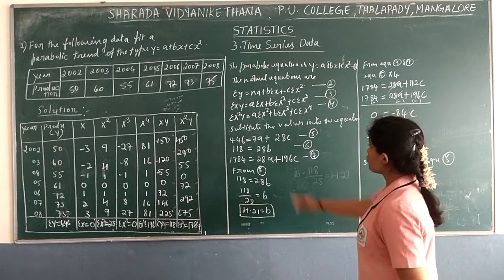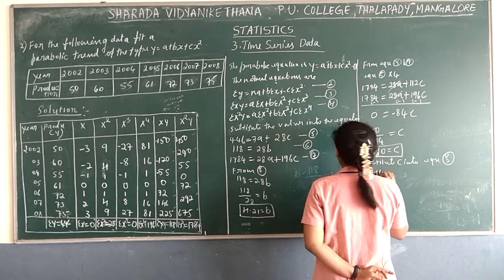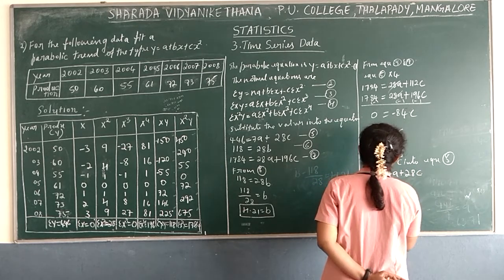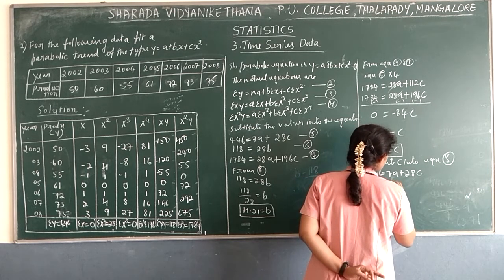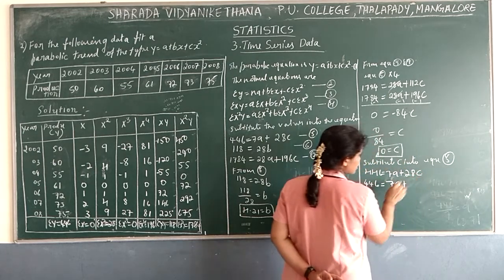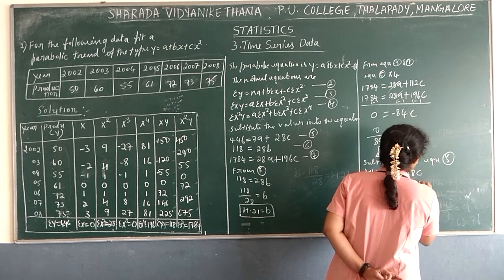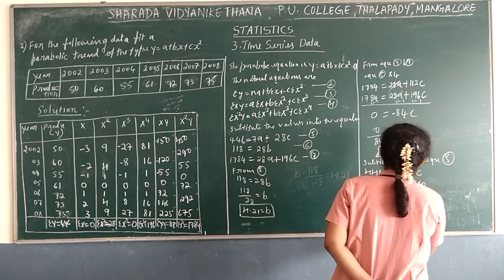Now take the fifth equation, that is 446 equals 7a plus 28c. This one we need to find out. That's what we are substituting, c into this equation. So here 28 into 0, because the value of c is 0, so this will become 0.